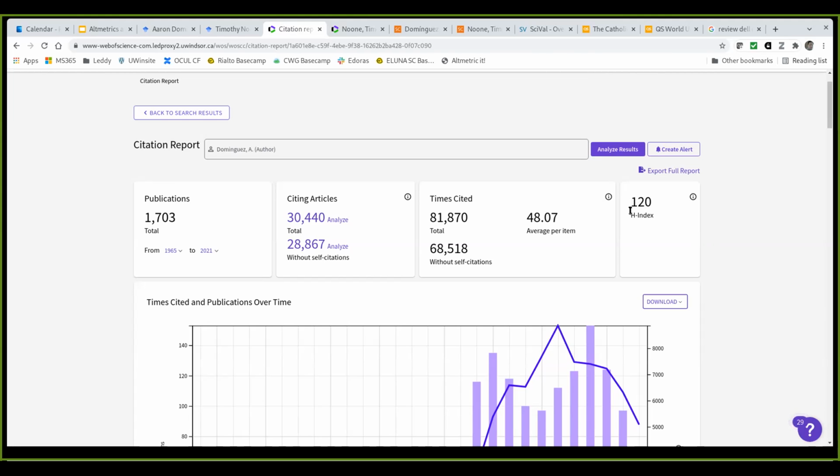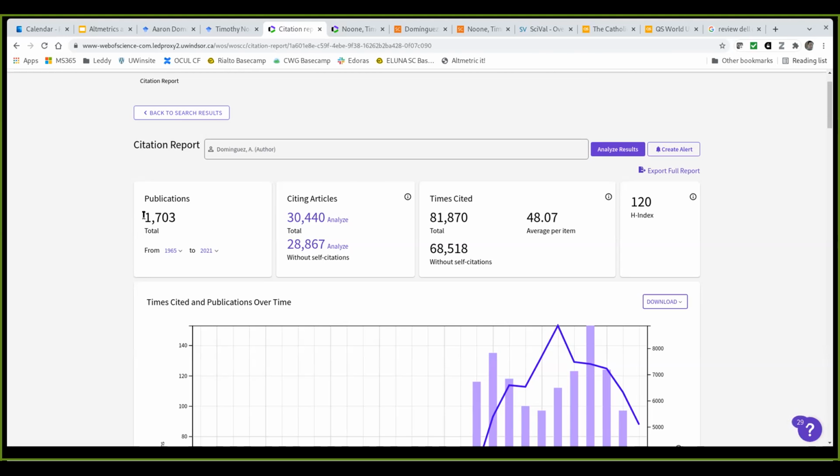And this is how one can spoof a high H index. So you have to be careful with that. But we do see that at least within the scholarship that's in Web of Science, Dr. Dominguez gets an average of 48 citations per publication over his whole publication corpus.